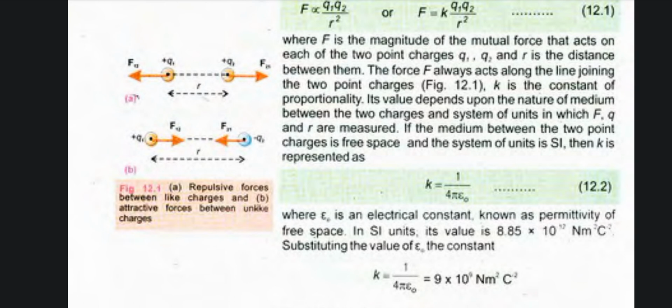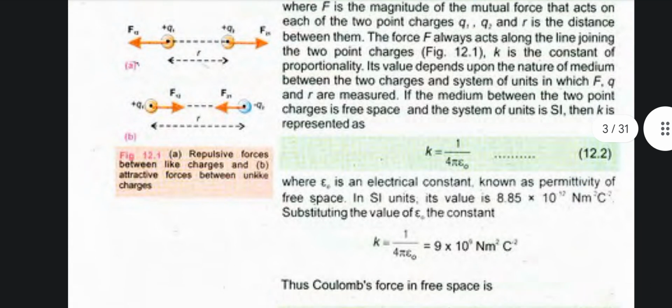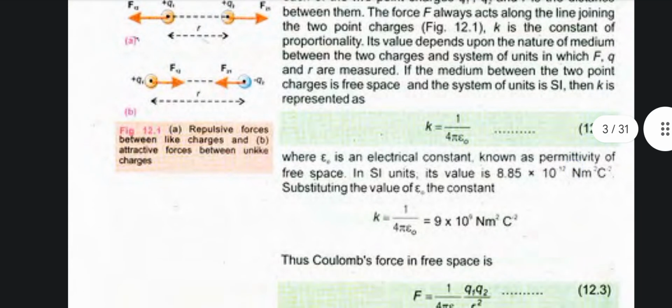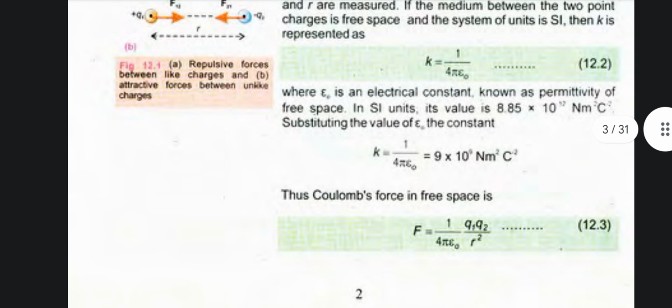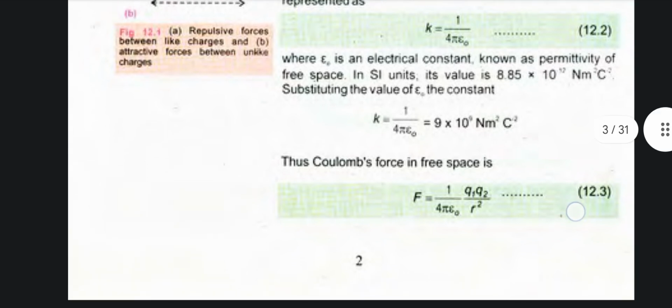Its value depends upon the nature of the medium between two charges and the system of units in which F, Q and R are measured. If the medium between the two point charges is free space and the system of units is SI, then K is equal to 1 upon 4 pi epsilon naught, where epsilon naught is an electrical constant known as permittivity of free space.